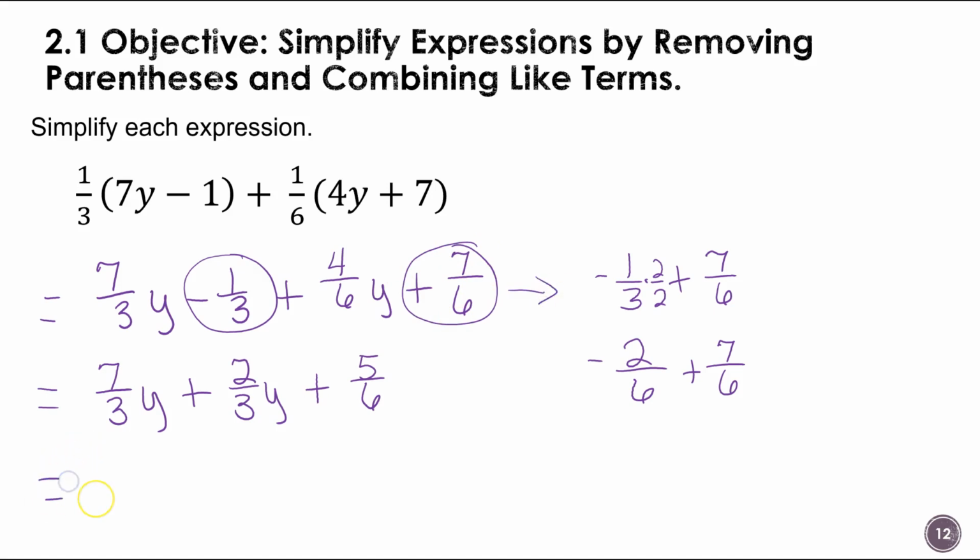All right, so now I can combine the y's. I'm just adding these, so 7 plus 2 is 9, and that's over 3. And then of course that does simplify. So it's 3y plus 5/6.